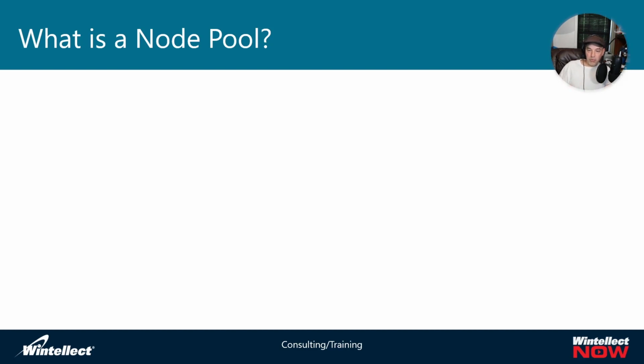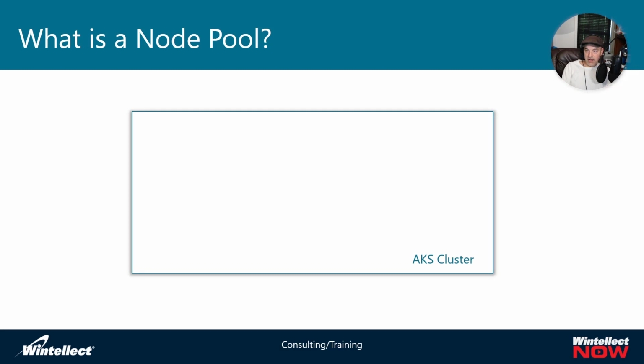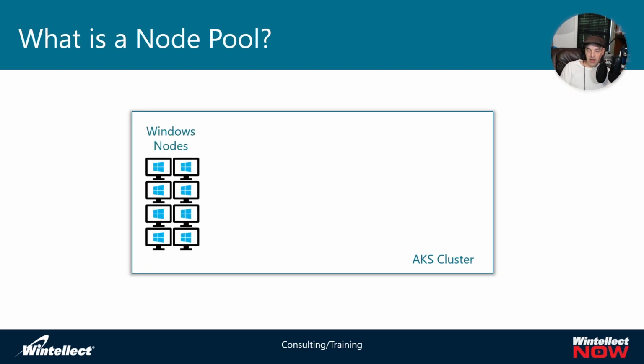The concept of a node pool is really about defining a set of nodes on Kubernetes that are all alike, essentially. So if we had an AKS cluster or any Kubernetes cluster, we're going to have a set of nodes that are all going to have basically the same operating system, the same compute configuration. They're going to have a lot of those same features, all going to be running the same version of Kubernetes, etc. And they're going to be alike in that context. So that's going to be one node pool.